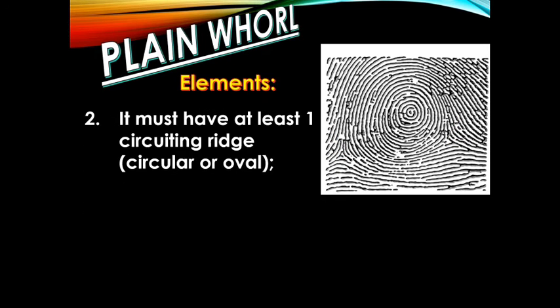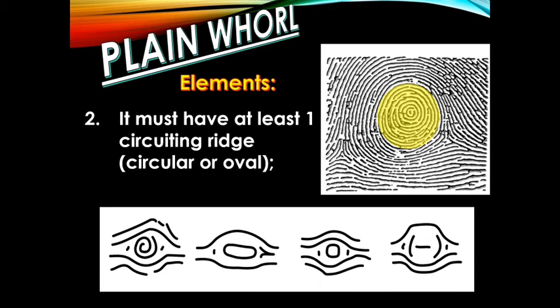Our second element is that it must have at least one circuiting ridge, which could either be circular or oval. So in this example, we have that. However, of course, our circuiting ridge could also be spiral. Here, we have a spiral.